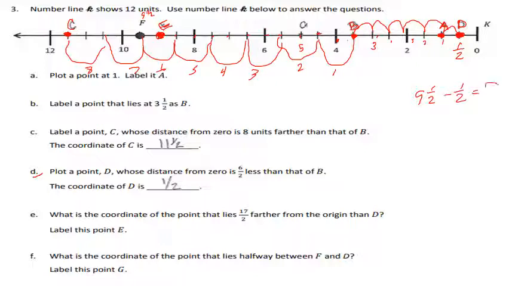That means there's 9 units between the two. Now, if I wanted to find the midpoint, easiest way is to divide it by 2. 2 will go into 9 4 times, leaving 1 and 1/2. So the midpoint here would be 4 and 1/2, which would be right here. And that would be point G.